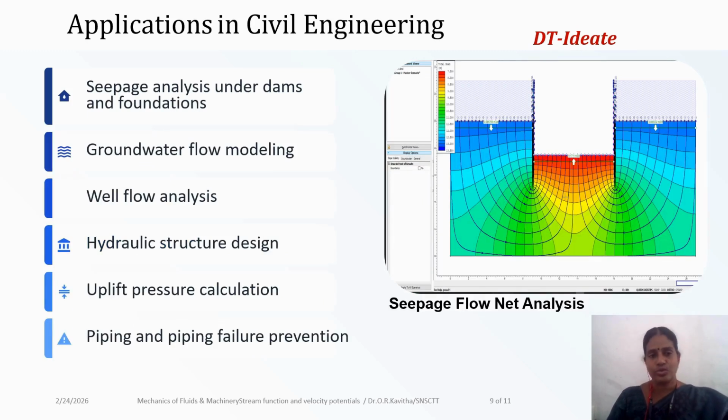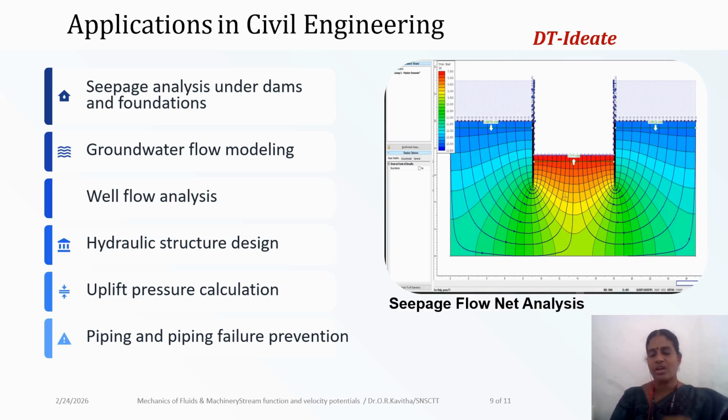And where it is used: we analyze seepage under dams. Here, water is stored in the dam for a year, so there may be chances of seepage. We have to understand the seepage analysis, and for this purpose we use flow nets, and also to monitor groundwater flow.